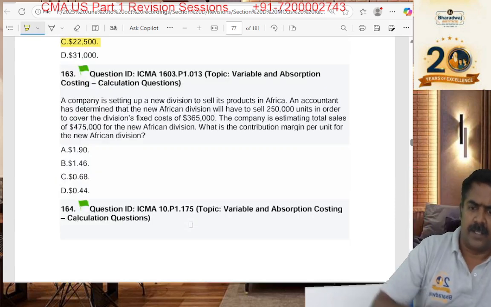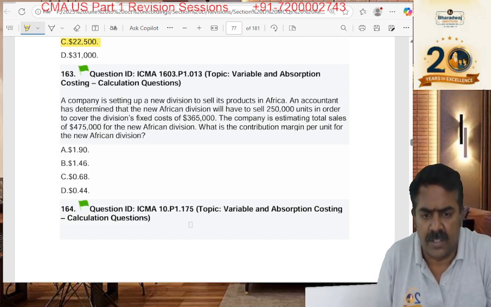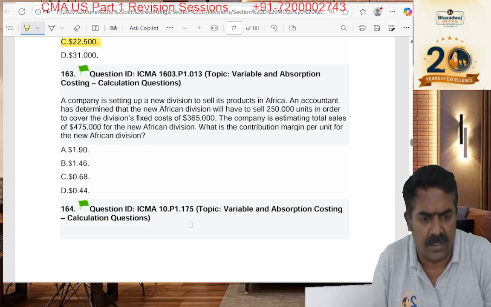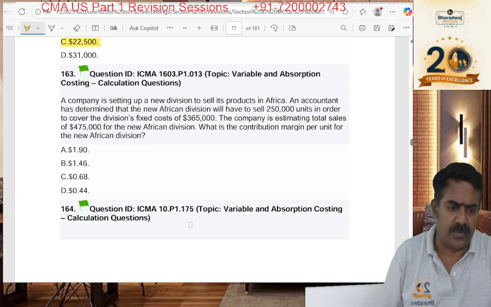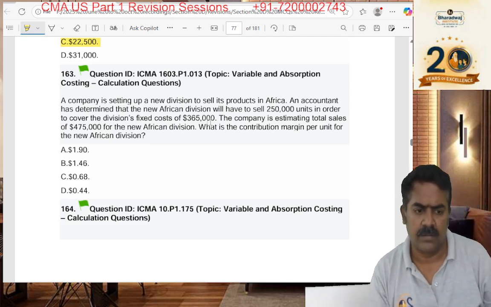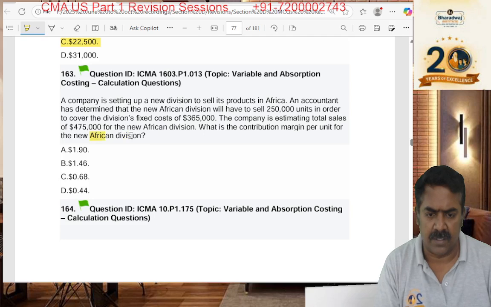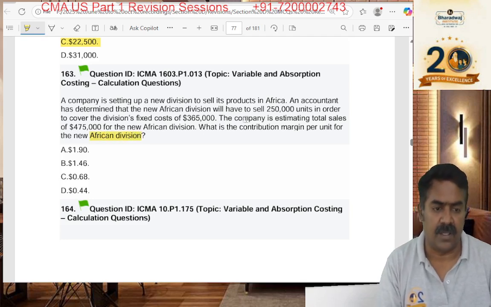Next question. A company is setting up a new division to sell the products in Africa. An accountant has determined the new African division will have to sell 2,50,000 units. What is the contribution margin in which division? The African division they ask for.